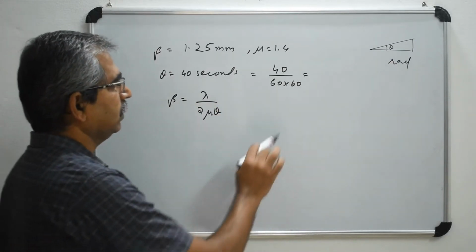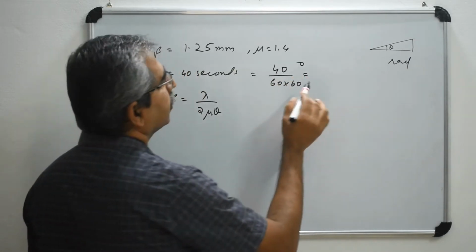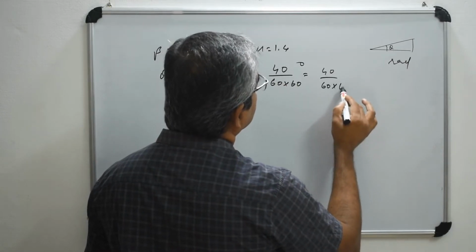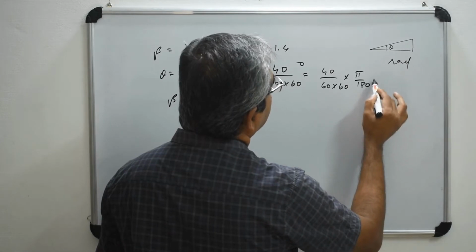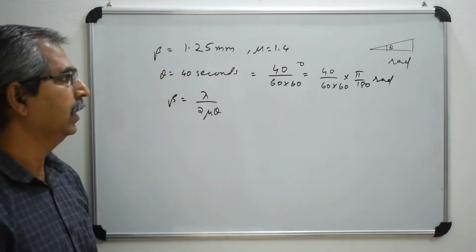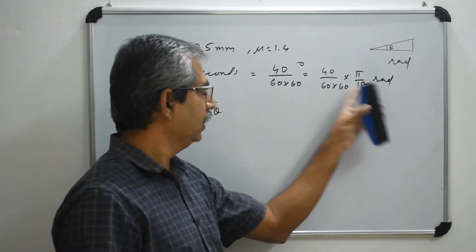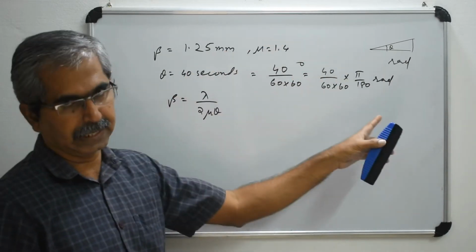So 40 seconds means 40 by 60 into 60 degrees, and that is equal to 40 by 60 into 60 into pi by 180 radians. So we have to convert the unit into radians.